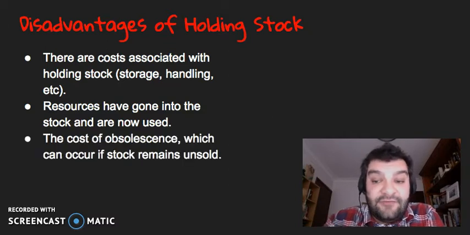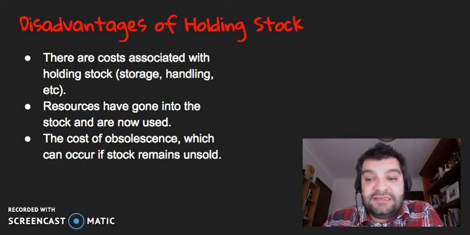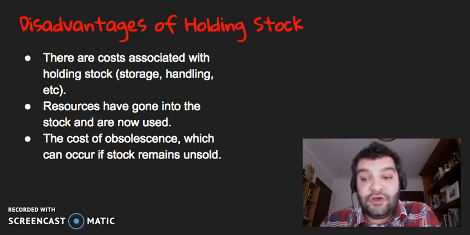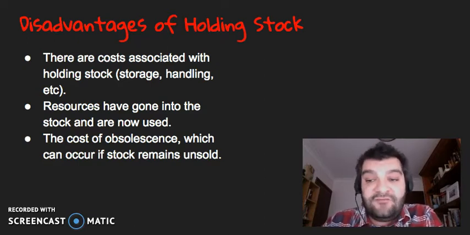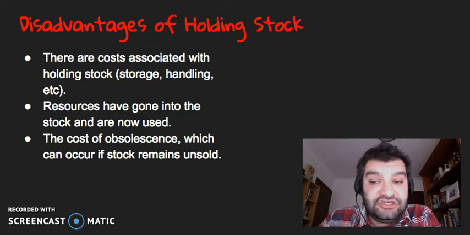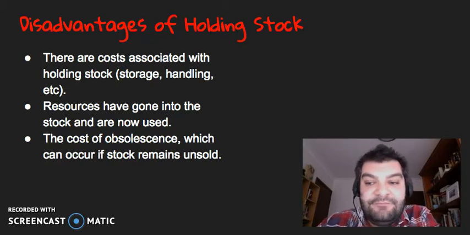However, that also leads to the next thing, the cost of obsolescence. Basically, any stock that remains unsold is now obsolete. And this is more so the case, for example, with technology. If you're manufacturing computers and you don't sell them straight away, and you're sitting on a million computers in a warehouse, firstly, the resources have gone into that stock.